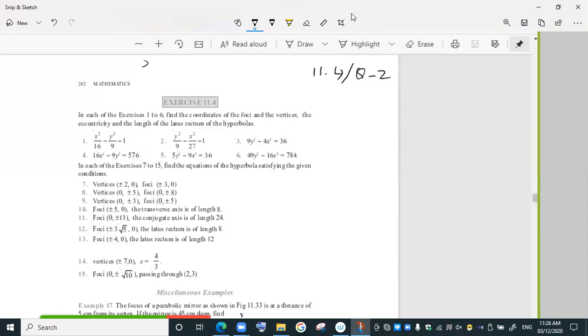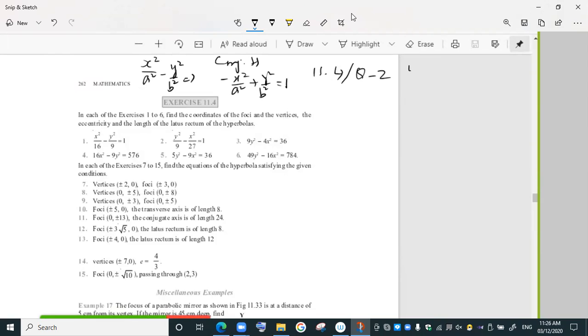The first type is x square upon a square minus y square upon b square is equal to 1, and then the conjugate hyperbola is minus x square upon a square plus y square upon b square is equal to 1.